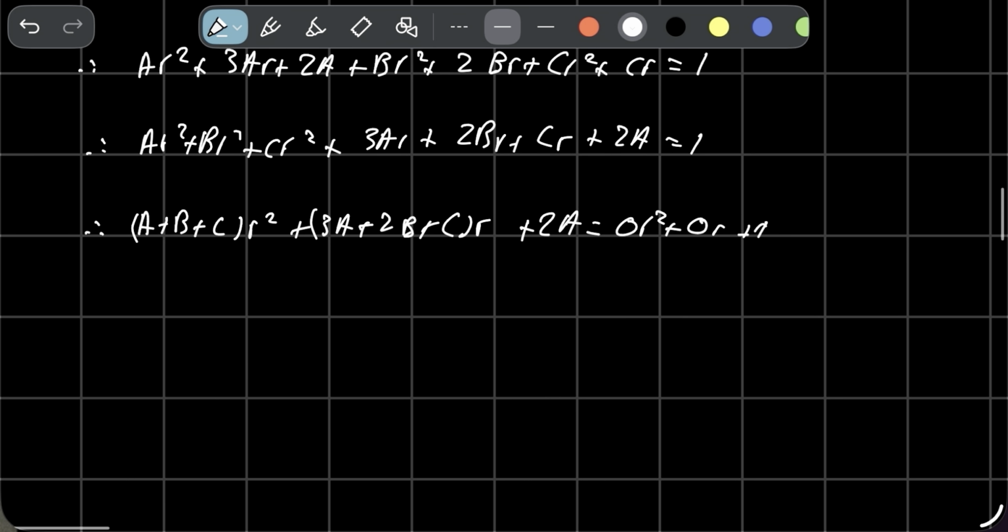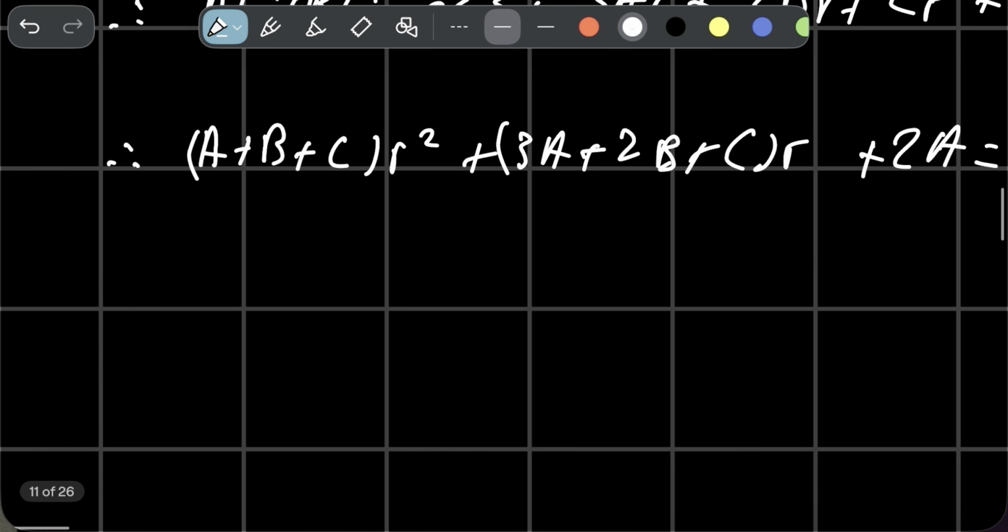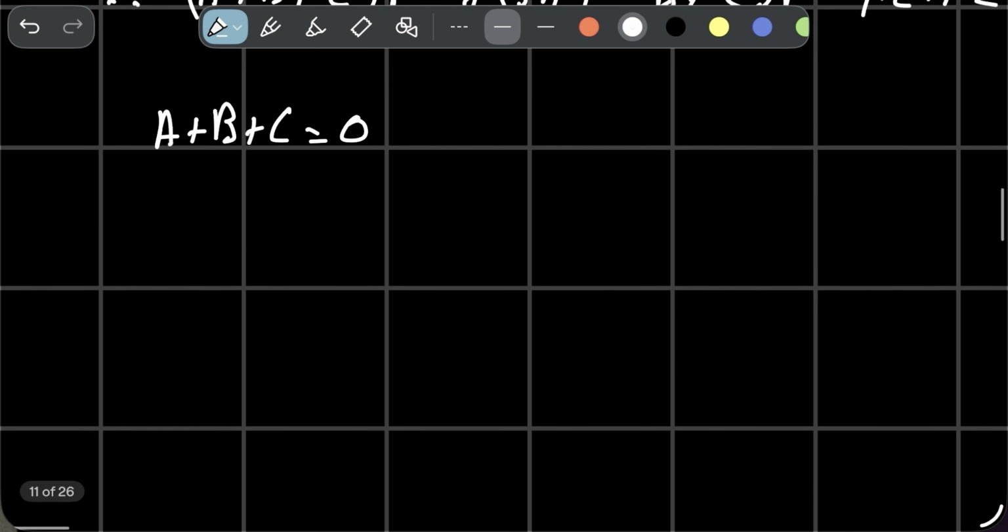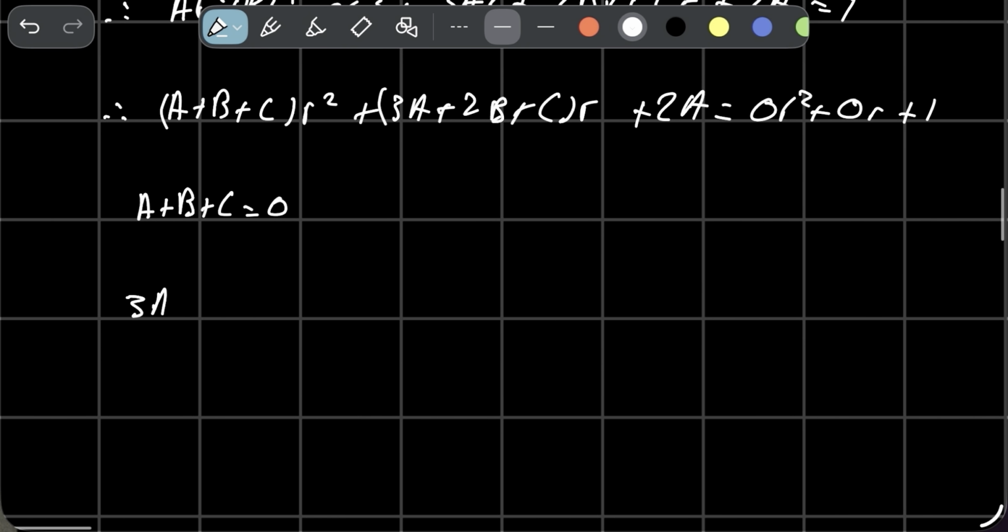Therefore, we want to equate the coefficients only. So we have A plus B plus C equals 0, 3A plus 2B plus C equals 0, 2A equals 1. This is a system of three equations in three unknowns, and we want to see how we can solve it.